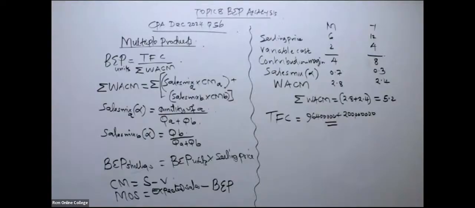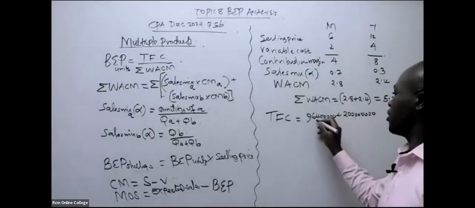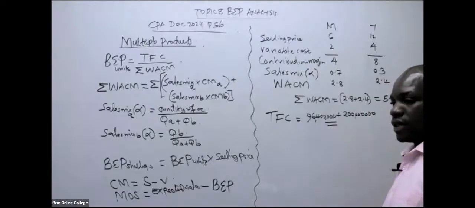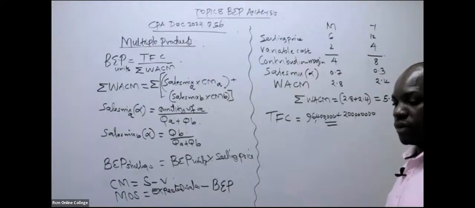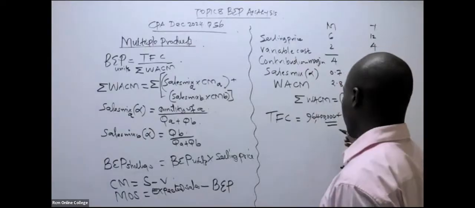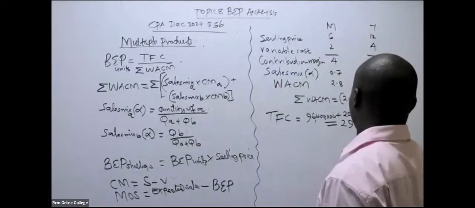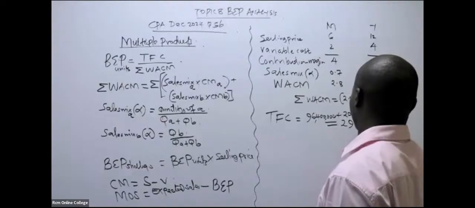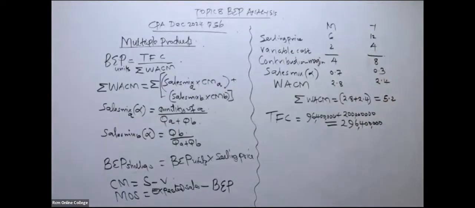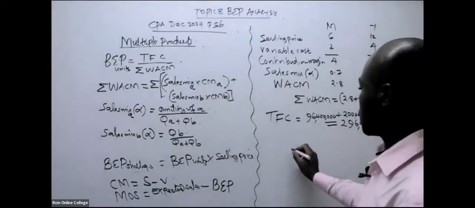Total fixed cost ni ngapi? 96,400,000 plus 200 million, or 296,400,000. Good.